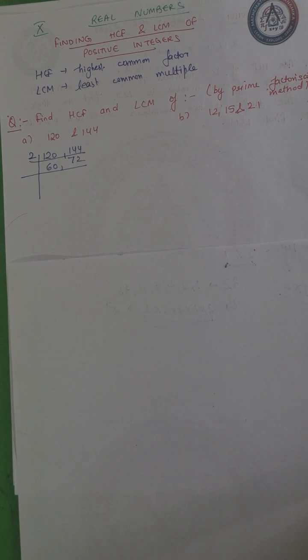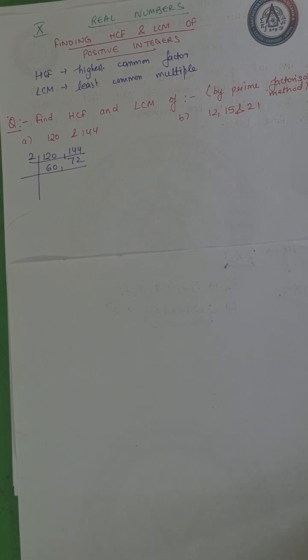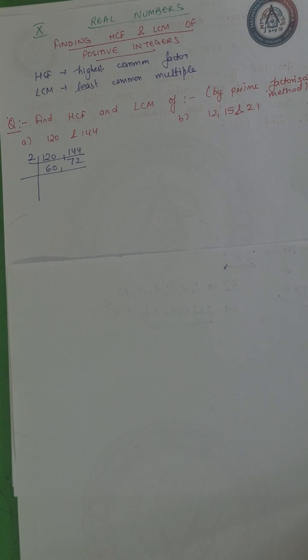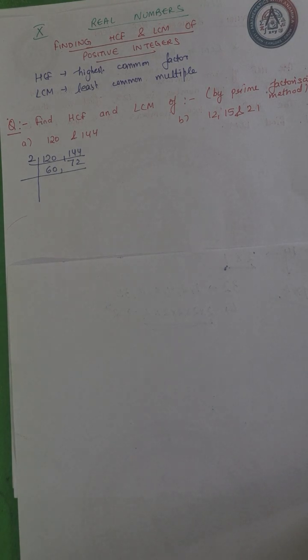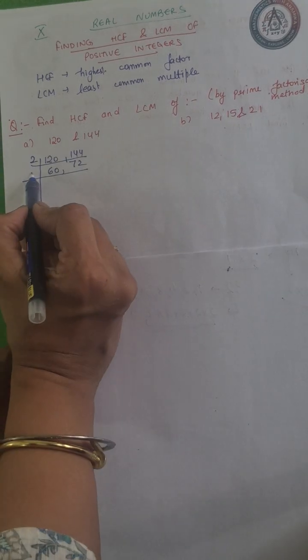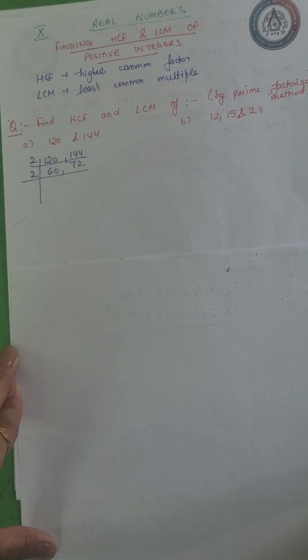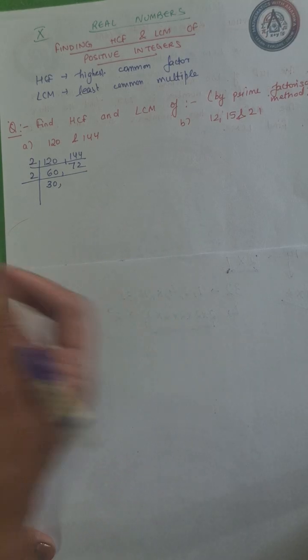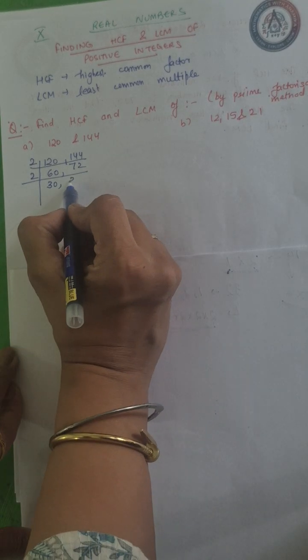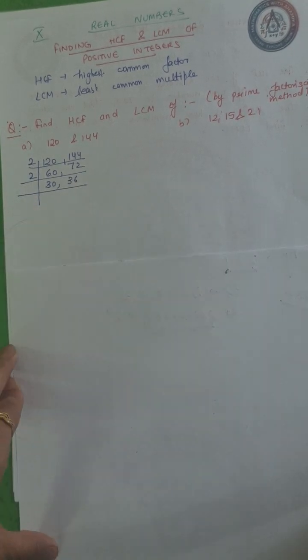Now I have 60 and 72. I have to think of a prime number that is divisible by both 60 and 72. So I know both are even numbers. So again I can go by 2. 2 multiplied by what gives you 60? That gives you 30. And 2 times 36 gives me 72.